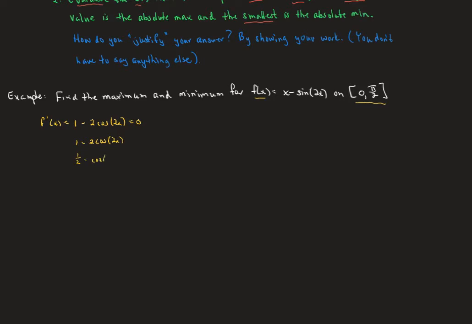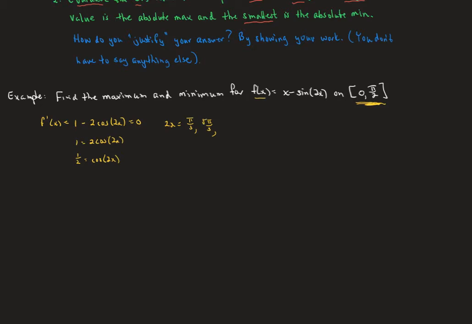So we want to know where cosine 2x is equal to a half. Now I'm going to say 2x is equal to, now we're only interested in positive values, and ultimately we want just the values between 0 and pi over 2. So cosine is going to be equal to 1/2 at pi over 3, and also down there in quadrant 4, which will be 5 pi over 3.